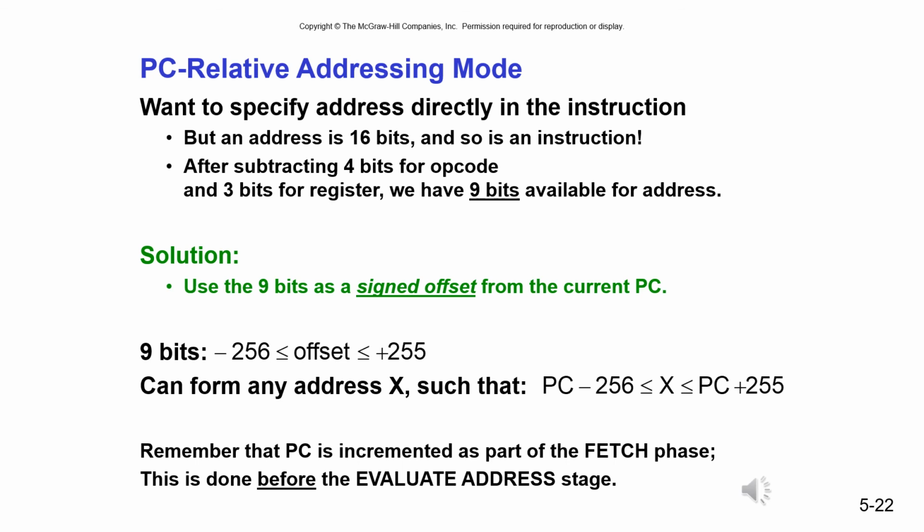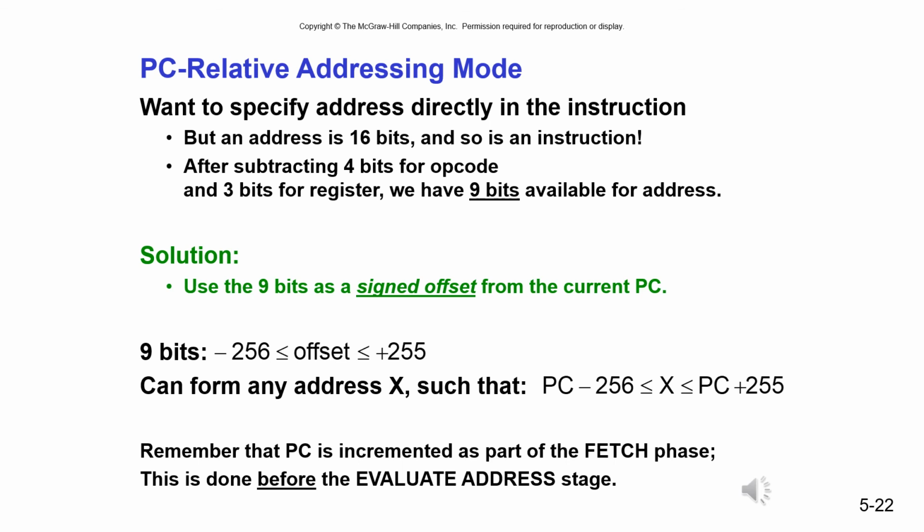We use this 9-bit field in the PC relative addressing mode as a signed offset from the current program counter, right? 9 bits, negative 256 to plus 255, 2's complement. We can only go plus 255 or minus 256 from the current program counter.